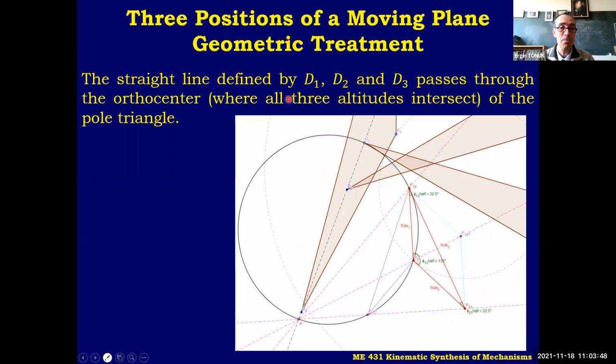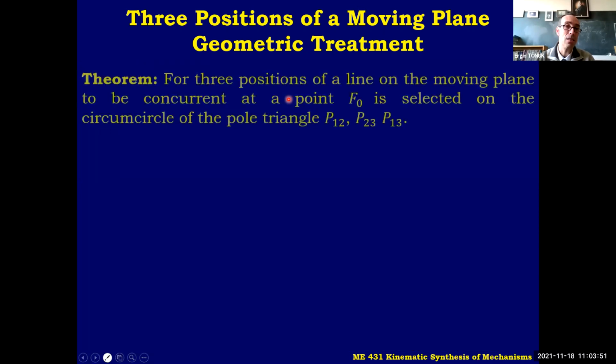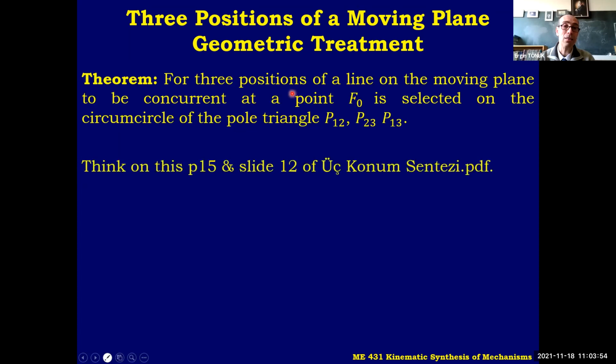Now we have one final theorem which says if you want three positions of a line on the moving plane to be concurrent at a point, that is actually you have a slider which is centered to the ground by F0, and you would like to place a slider there, then you have to select that point on the circumcircle of the pole triangle.